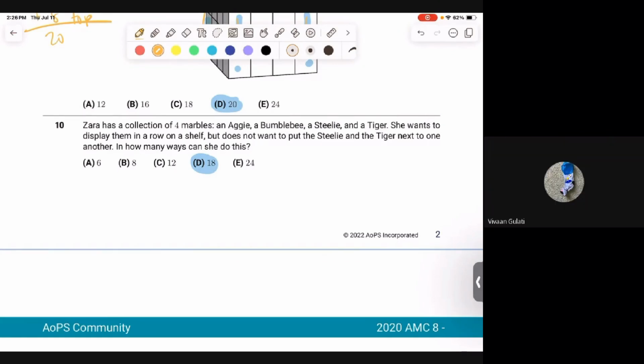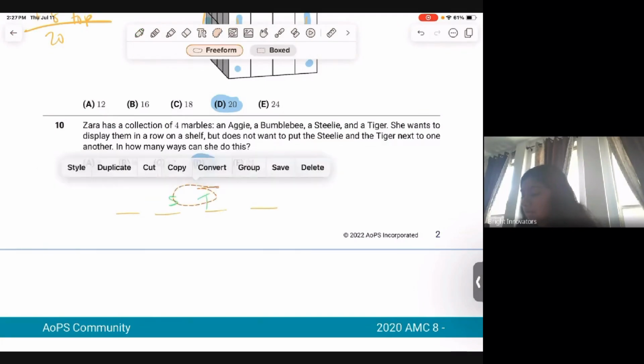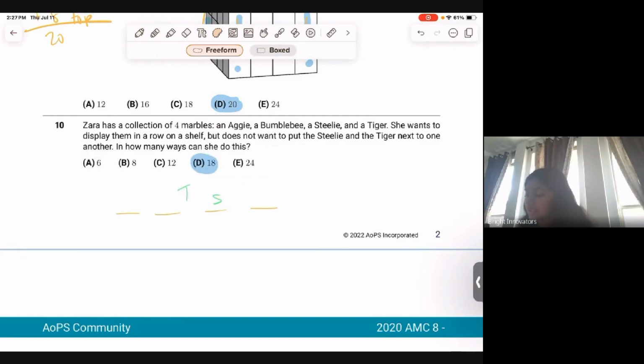So it's saying that the Steely and the Tiger can't be next to each other. So there's 3 ways to do that. There's 6 ways because you can flip them. So it could be that or that or that, and then you could flip it around so it's that or that or that.